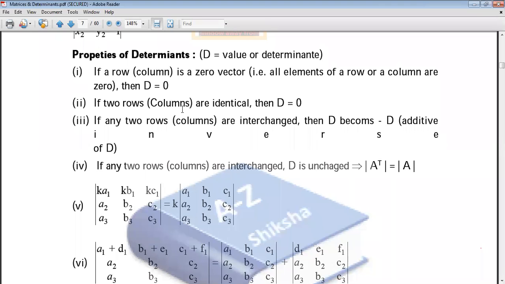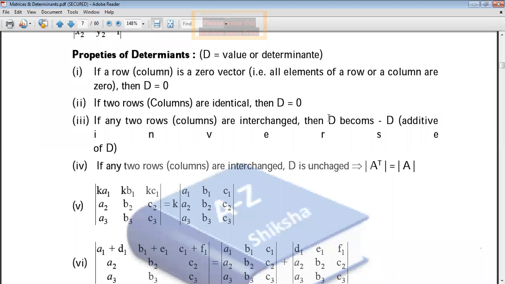Okay. The third property, see, if any two rows or columns are interchanged, then D becomes minus D. What do you mean by that? Suppose in a particular determinant you interchange any two rows or any two columns, then the result of the determinant changes.